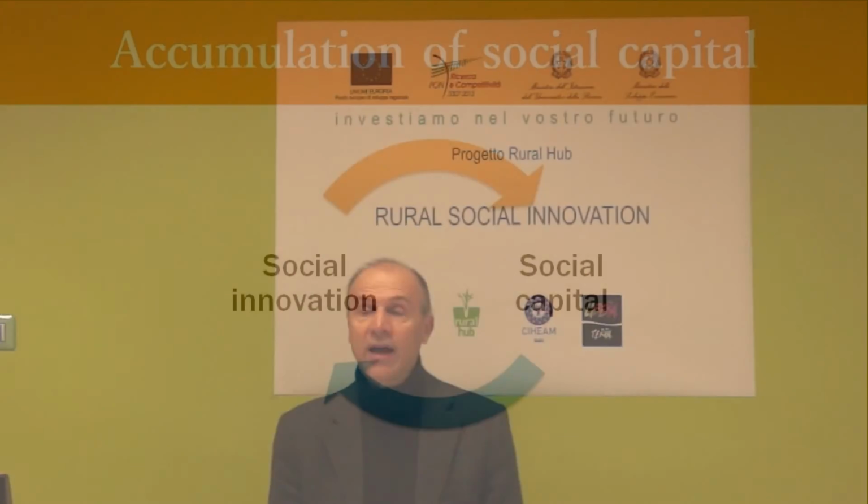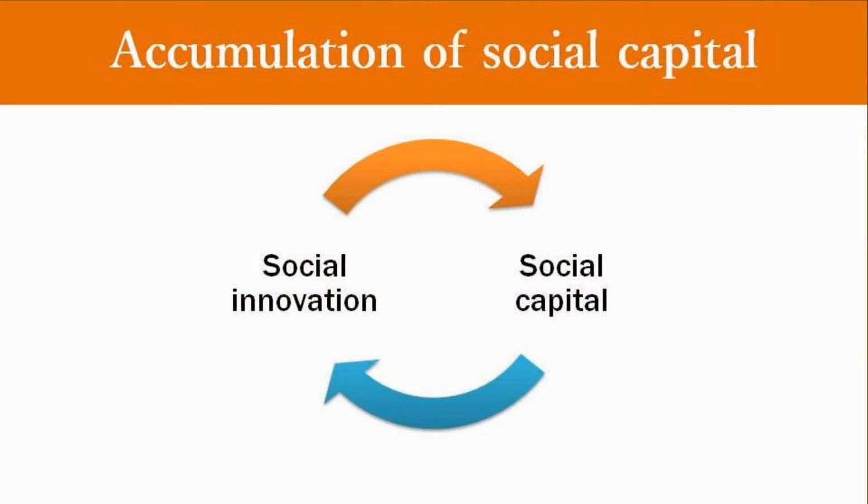And this brings accumulation of social capital. So we have social innovation, and whenever social innovation operates, this increases social capital. But at the same time, we can use social capital to generate social innovation.